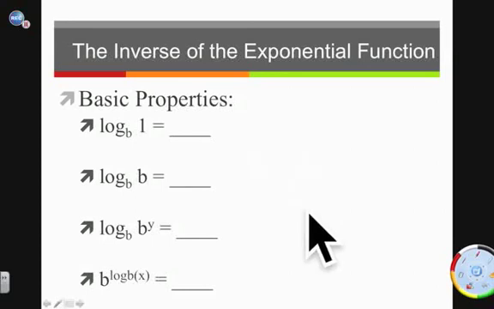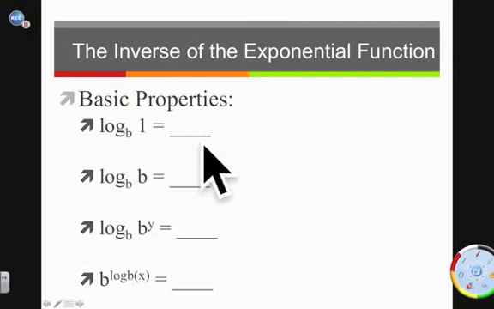So the first one is log base b of 1. And this just means any base that we use: log base 20, log base 50, log base a billion, all that sort of stuff. When I say the log base b of 1, it's always going to come out the same number. We can think about that as changing into an exponential function.